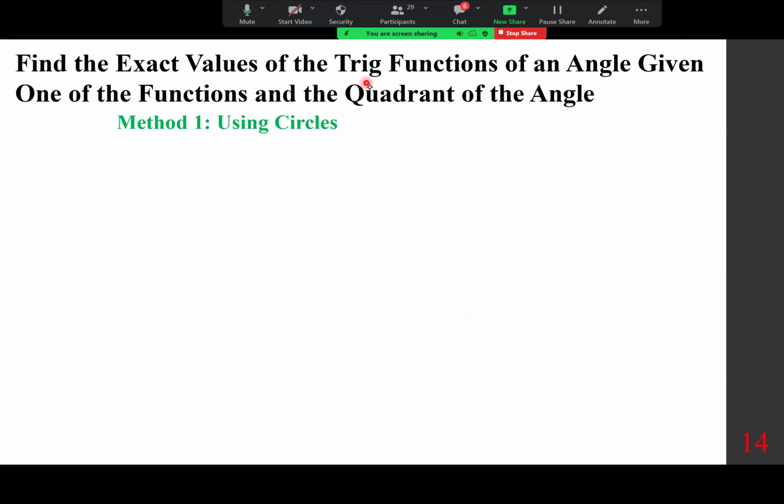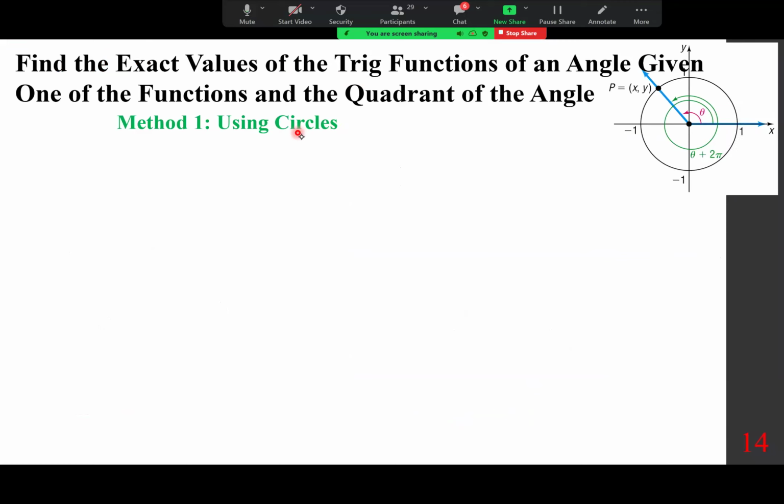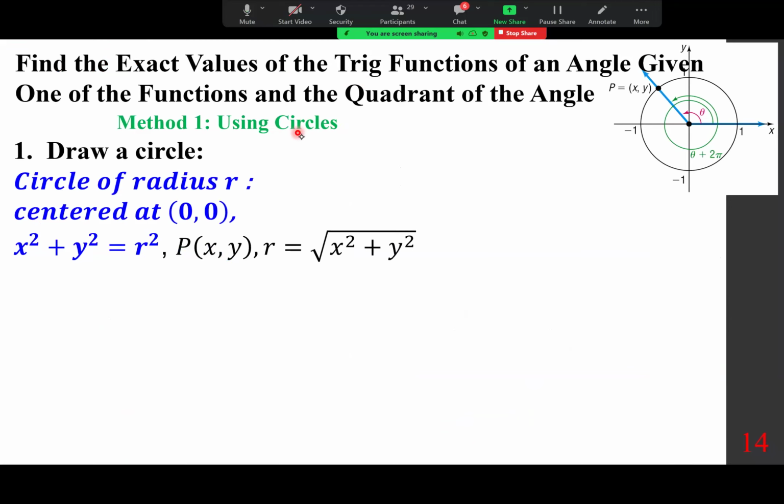Find the exact values of the trigonometric functions of an angle given one of the functions and the quadrant of the angle. There are different methods. One of them is using circles. So how do we do that? Draw a circle of radius r, center 0, 0, x squared plus y squared equals r squared, a point with coordinates x comma y, r equals square root of x squared plus y squared.